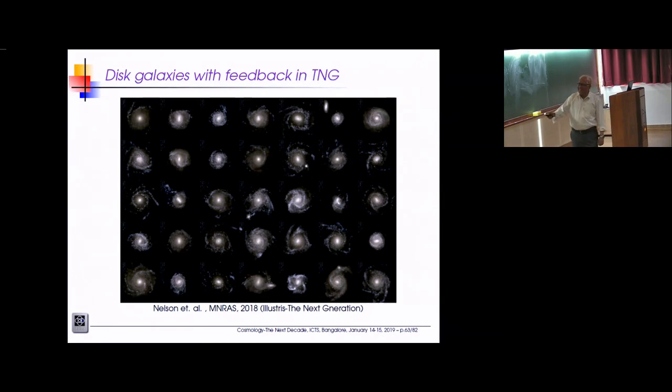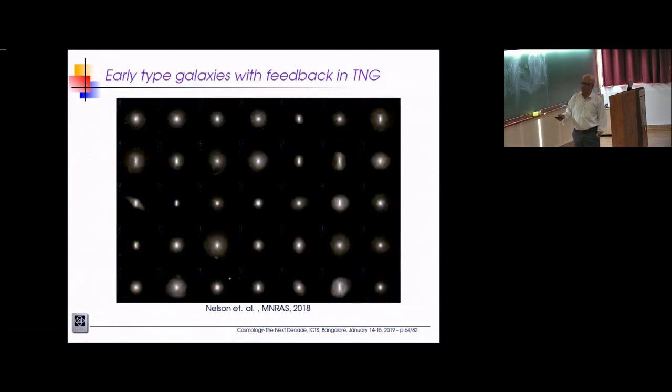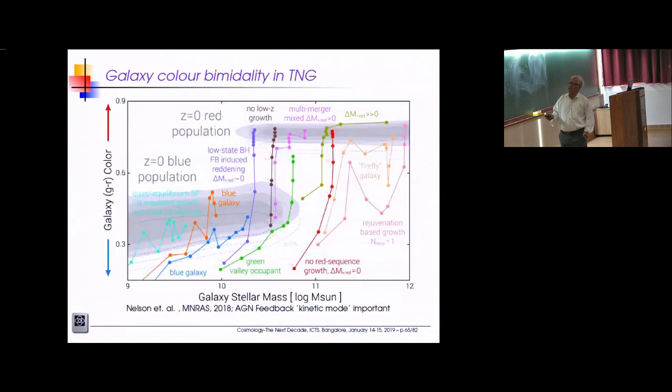So you can see a whole bunch of disk galaxies from the simulations looking not very dissimilar to what one sees. It turns out all these guys are about 10 to the 12 solar mass, and they have this variety. You can also see a bunch of ellipticals, and you can look at this paper by Nelson, which is one of the earlier papers which has come out from this. They're also able to get things like galaxy colors, okay?